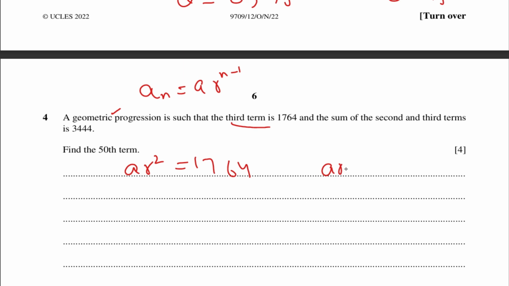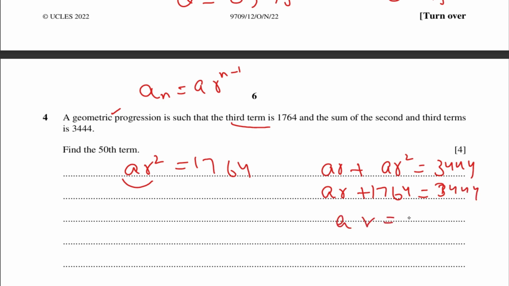So second term ar plus third term ar squared equals 3444. As we all know, ar squared equals 1764, so we will put ar plus 1764 equals 3444. So here we can calculate ar equals 1680.